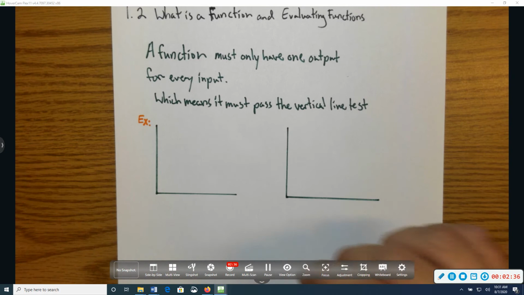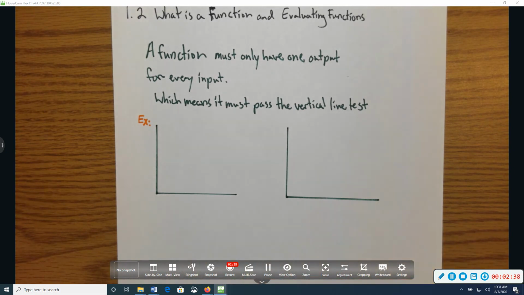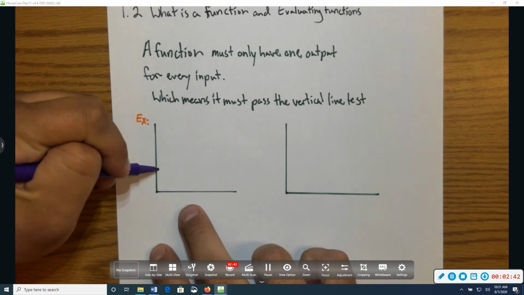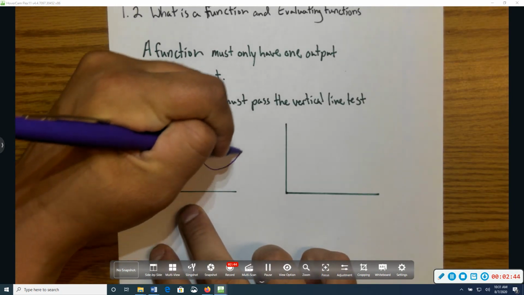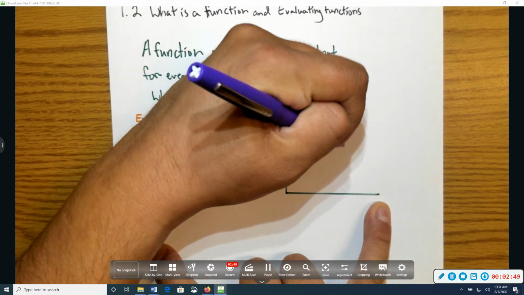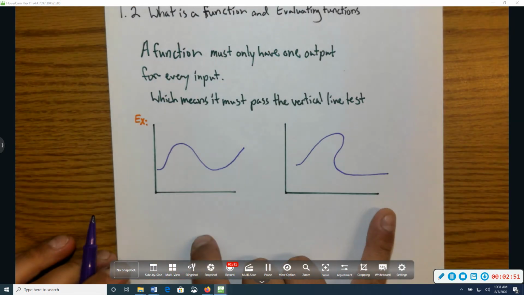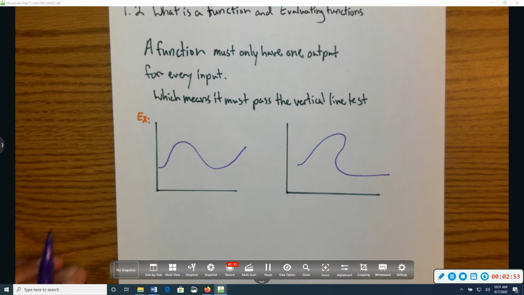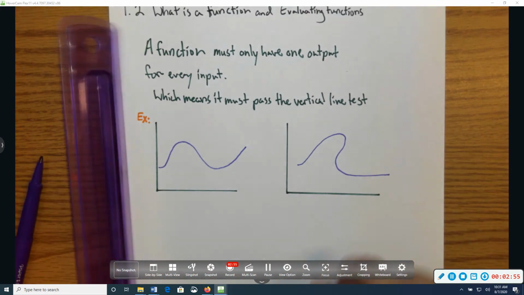Say we have a function that looks like this, in purple, and then a function that looks like this.